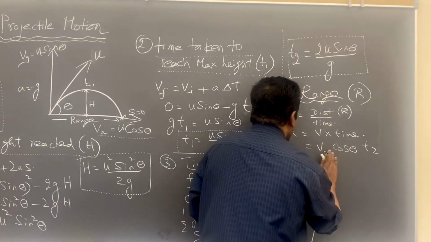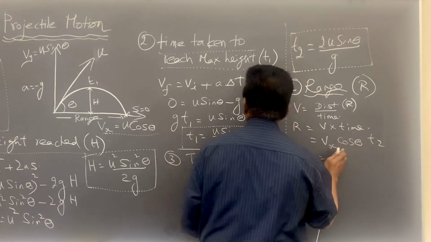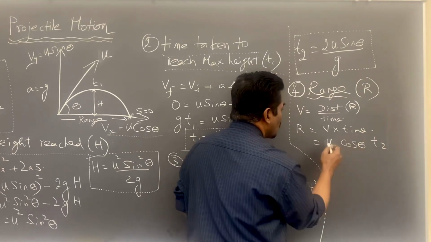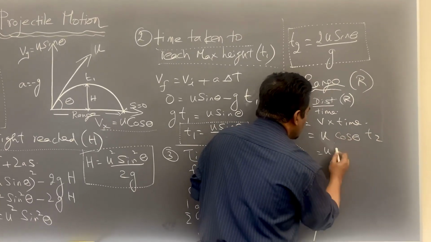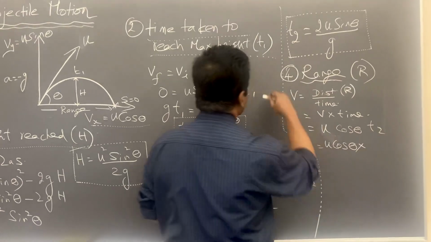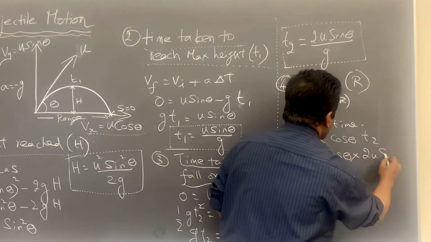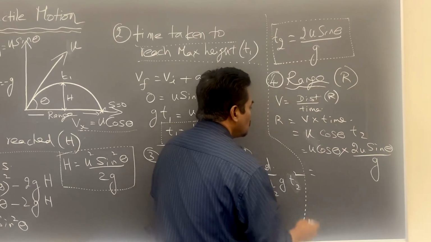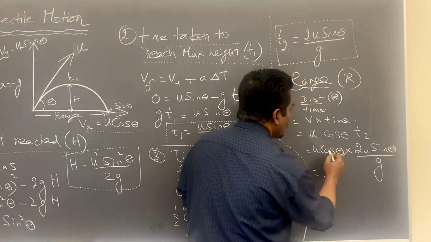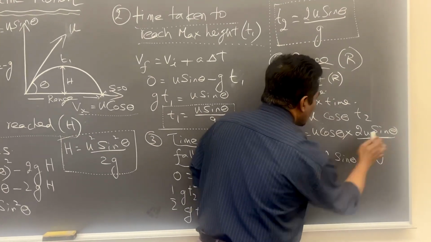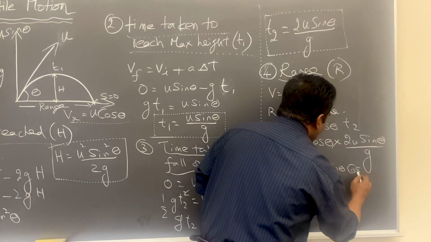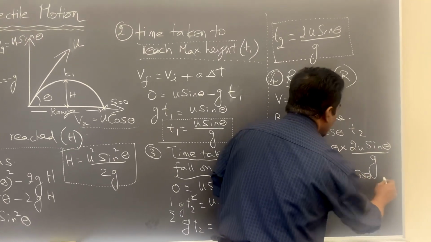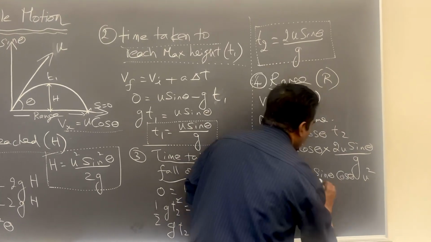So v cos theta, we have considered u, so it should be u cos theta, that is the horizontal component velocity, u cos theta times t2. What is t2? We have 2u sin theta over g. I arrange the equation: 2 sin theta, cos theta, then u square over g.